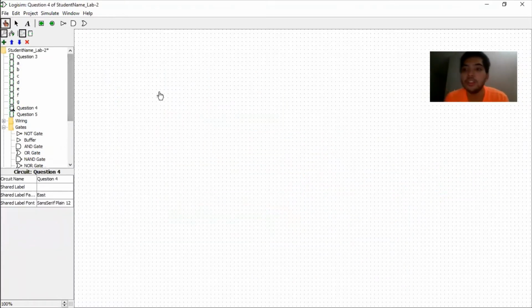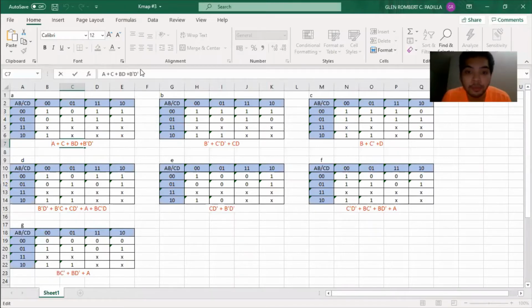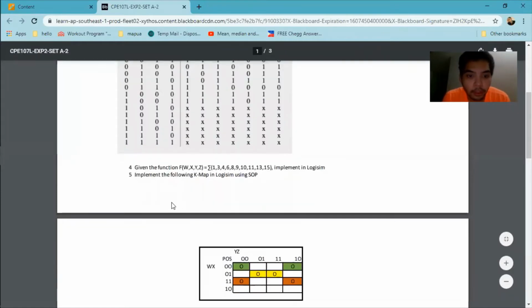Now moving on to question number 4. Given the function f(w,x,y,z) equals the summation of 1, 3, 4, 6, 8, 9, 10, 11, 13, and 15.